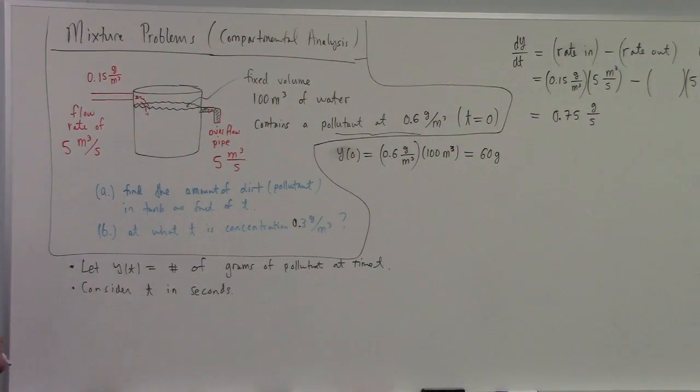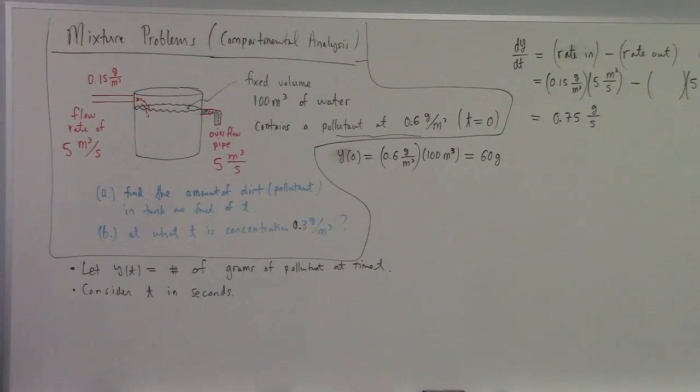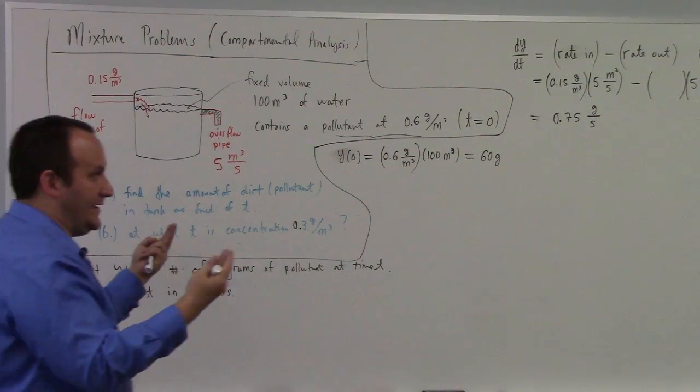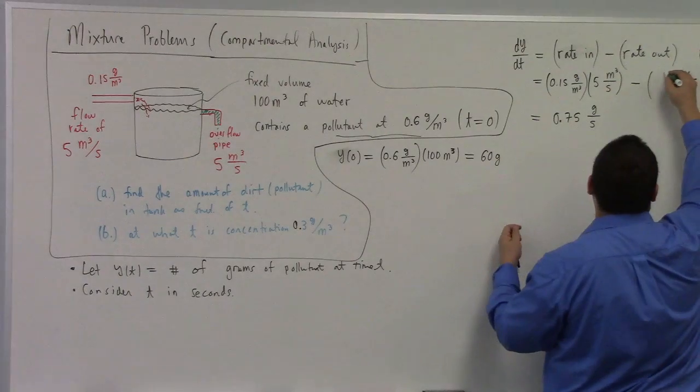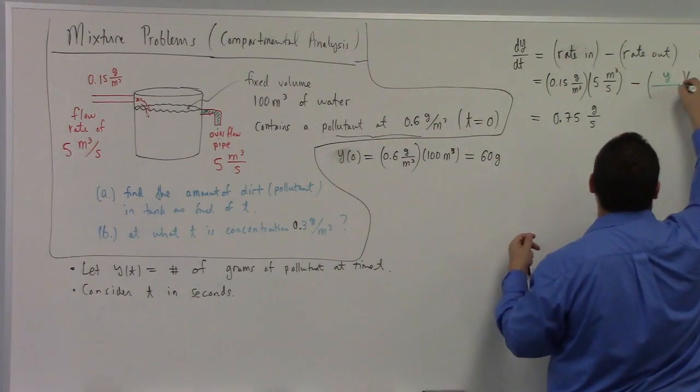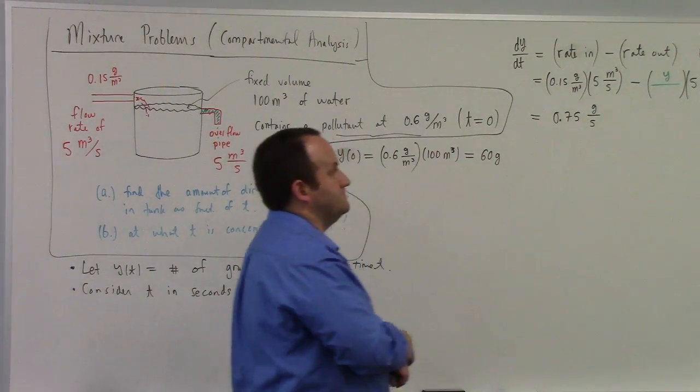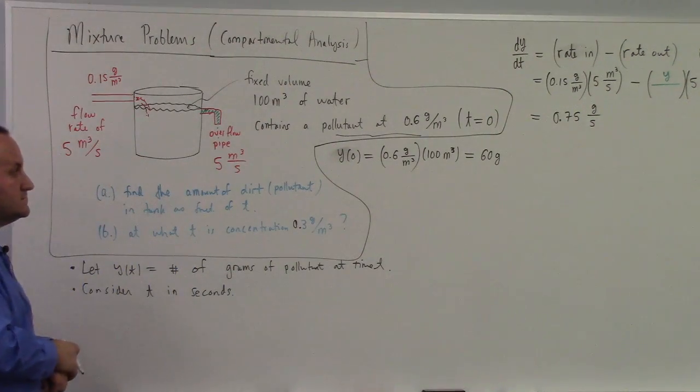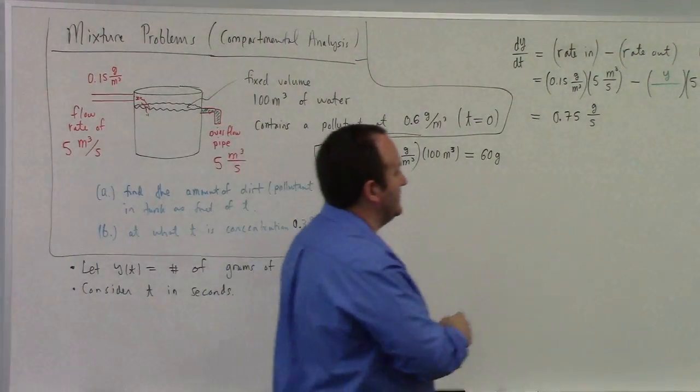It's a function of time. In a well mixed tank, to find the concentration you take the total number of grams in the tank at time t and divide by the total volume. That gives grams per volume. So that's just y, a variable, divided by 100 meters cubed.